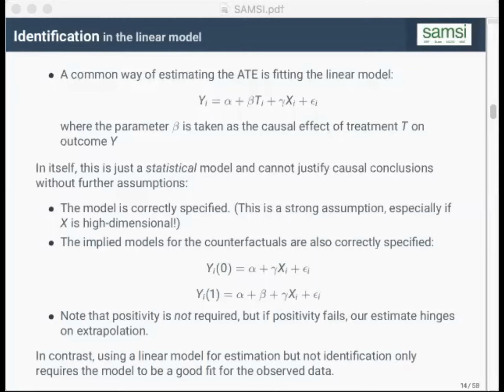Note that these implied linear models for the counterfactuals are totally untestable. So you have to have a lot of subject matter knowledge to be very confident that these counterfactuals themselves are linear, whereas using a linear model for estimation is testable. We can test that it's a good fit for the observed data.